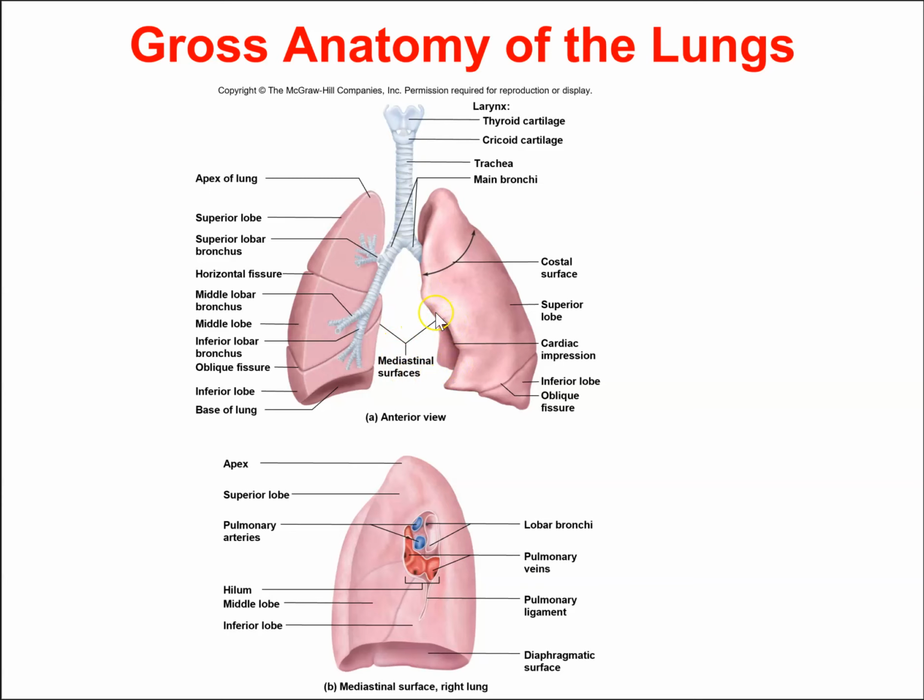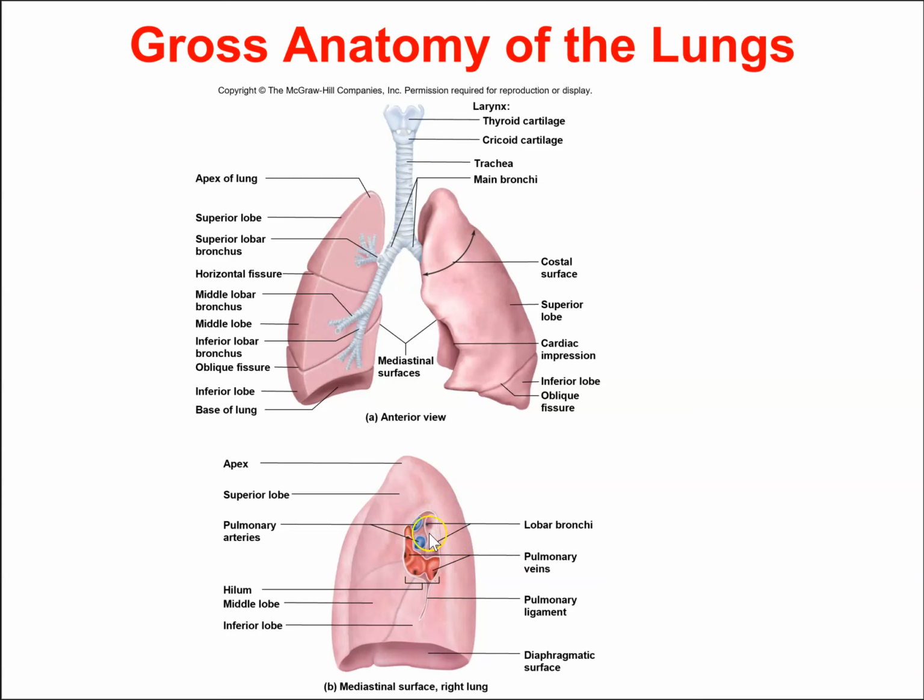The heart leans towards the left lung, which leaves a cardiac impression or the cardiac notch. So the hilum is basically the slit through which the lung receives the blood vessels, the lymphatic vessels and the nerves.